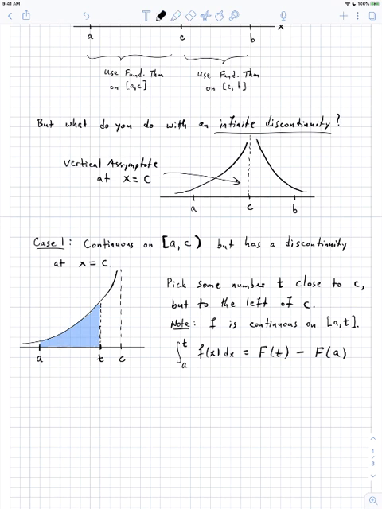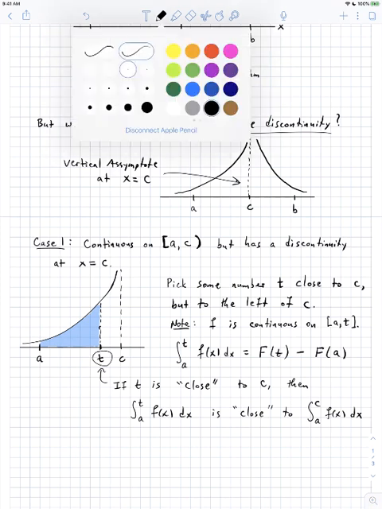Now this isn't going to give us the same thing as the definite integral from a to c, but the idea is that if t is close to c, then this integral from a to t of f of x dx is an approximation to the integral from a to c of f of x dx.